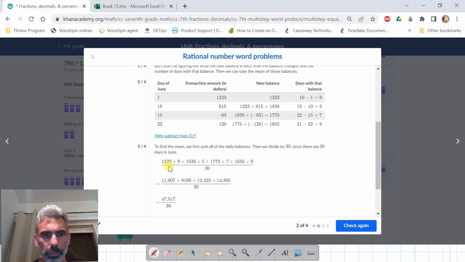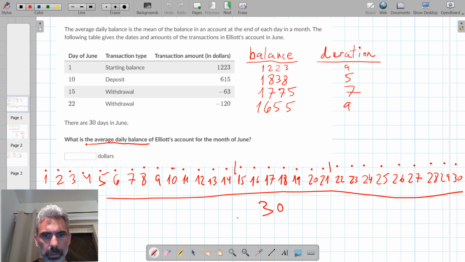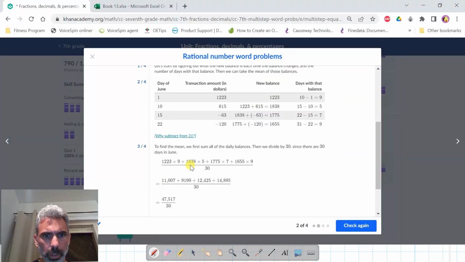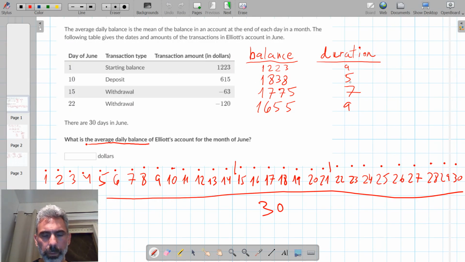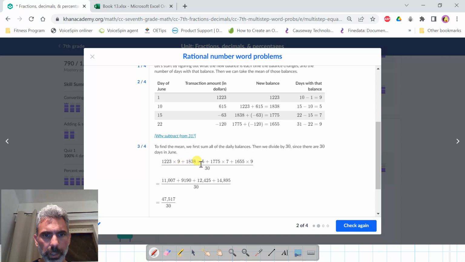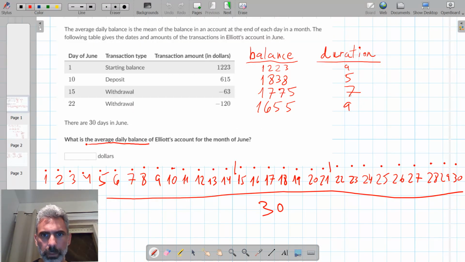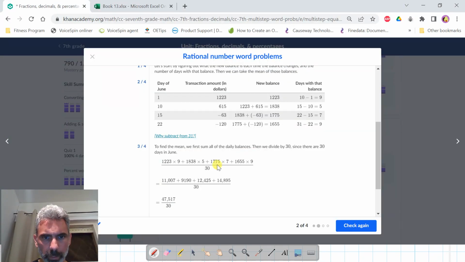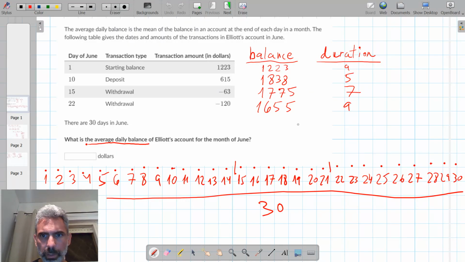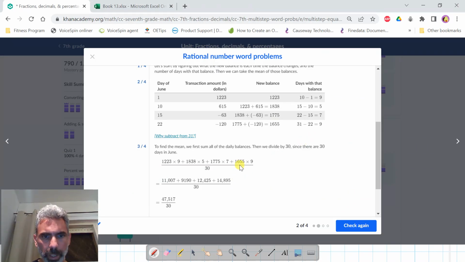So it's 1223 and 1838 for 9 days, 1838 for 5 days, 1775 for 7 days, and 1655 for 9 days.